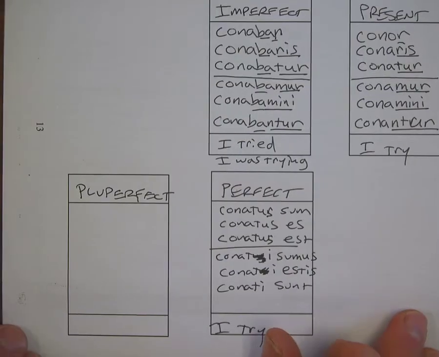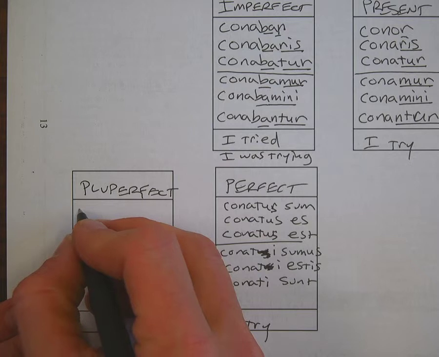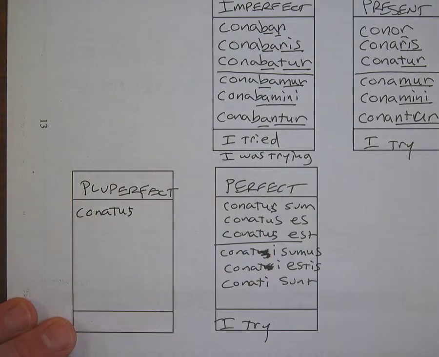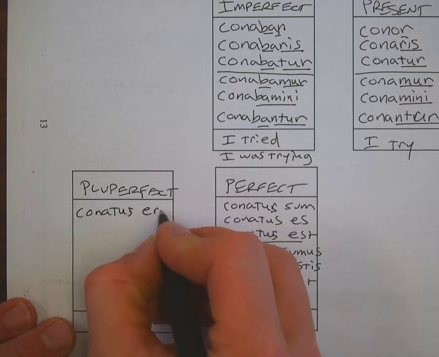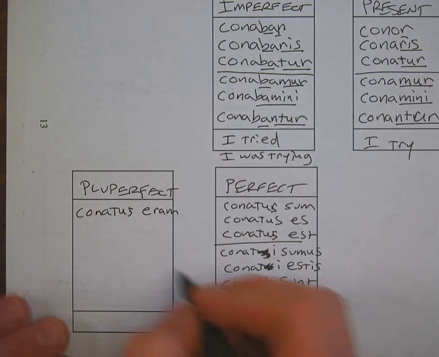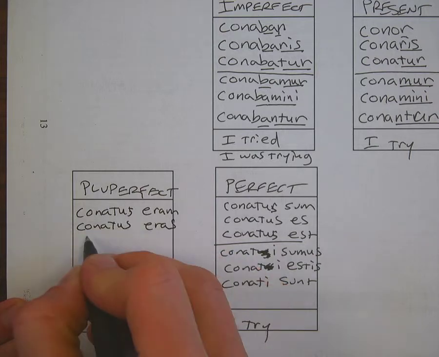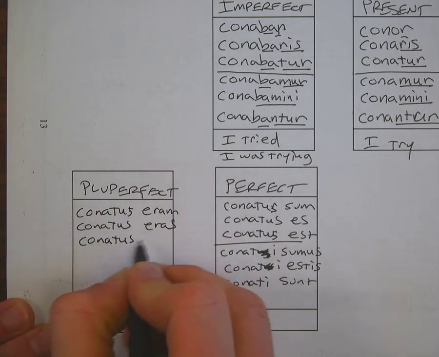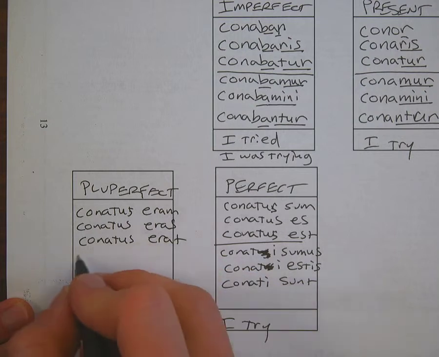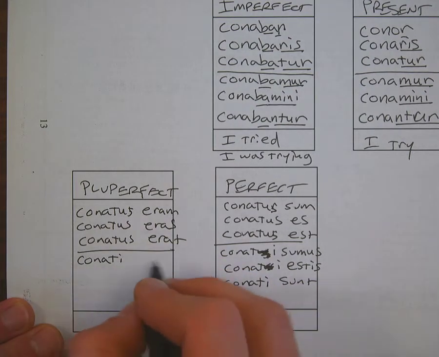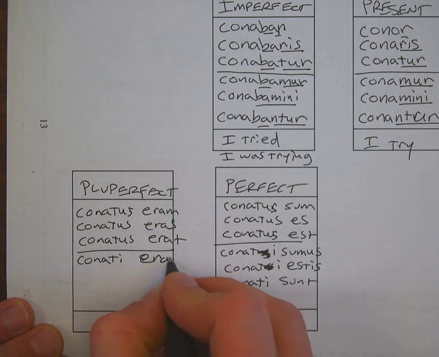That's how we go. And then pluperfect, use the same forms of conatus. To make it more past, though, use eram, which is the imperfect of sum. Conatus eras. Conatus erat. And then going to the plural, conati. If it was girls, it'd be conatae. And then eramus.